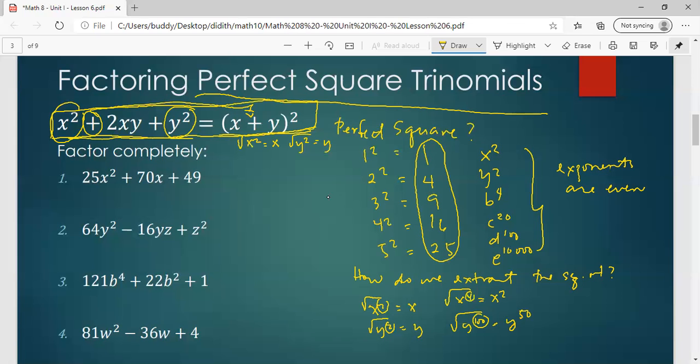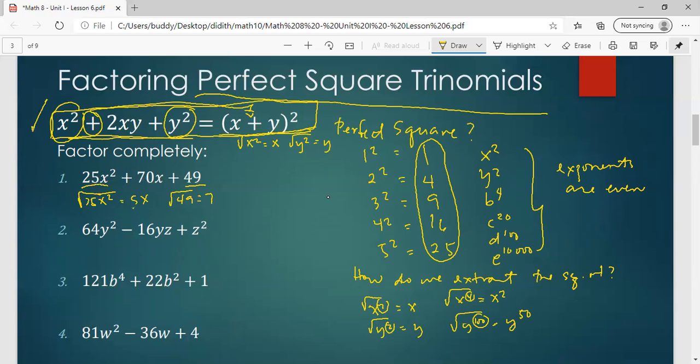Okay, let's try to factor completely each polynomial here, but let's find out if each given is a perfect square trinomial. We can make use of this pattern. So 25x squared is a perfect square as well as 49. Now the square root of 25x squared is 5x while the square root of 49 is 7.